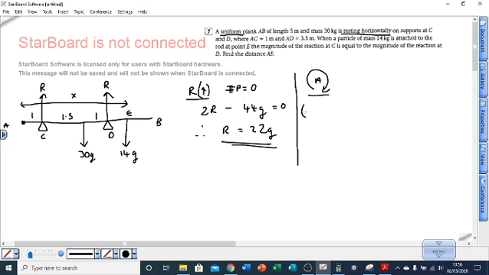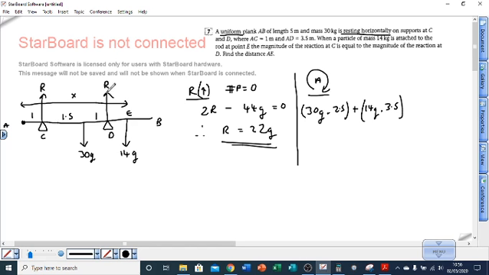So here we go. The first one is the 30g force multiplied by its perpendicular distance to the fulcrum, which is 2.5. Another positive moment or torque is this one here, which is 14g multiplied by its perpendicular distance, which we were told is 3.5.